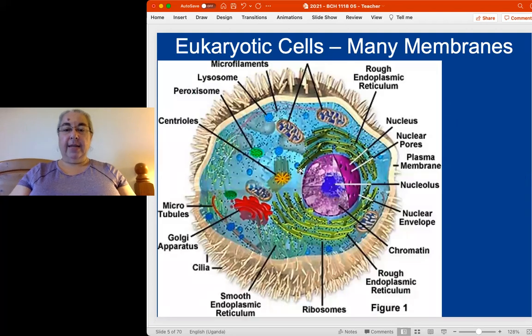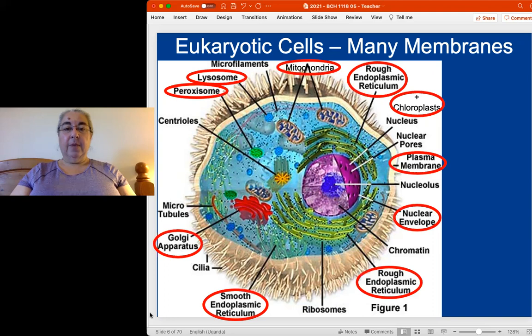Here is a proper diagram of a cell. If we look to see how many of these labeled structures have membrane involved with them, we get most of them actually. If I start here with the nucleus, it's surrounded by the nuclear envelope. The cell itself, of course, is surrounded by the cell membrane.